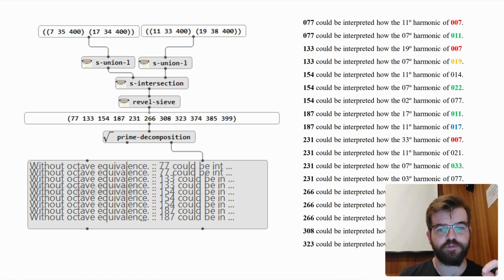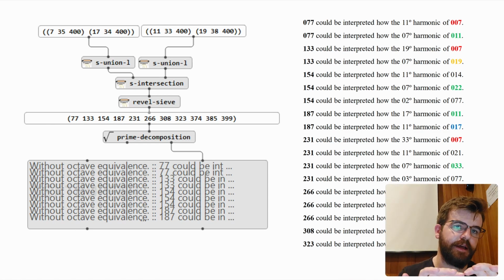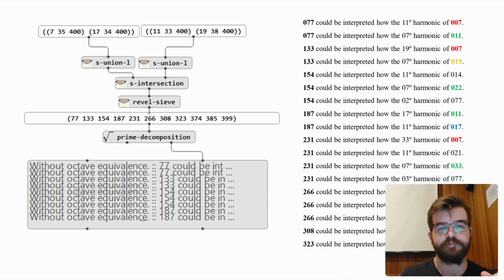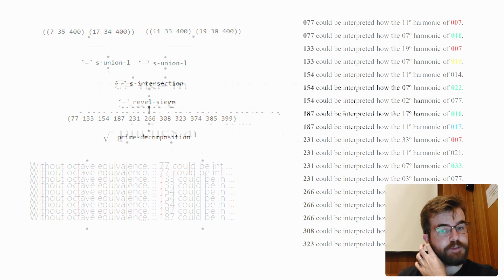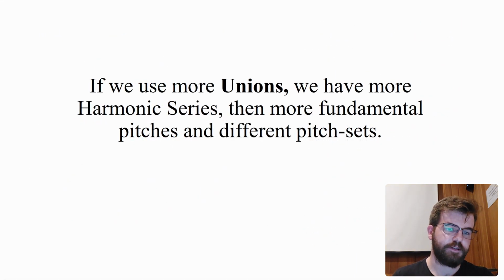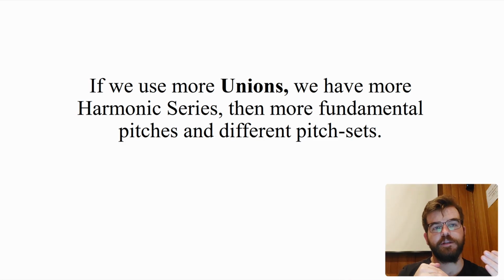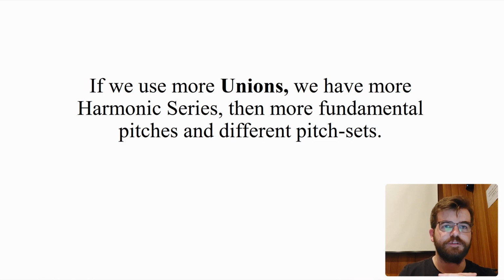But we can use, for example, 133 to go to another pitch set that has a fundamental pitch on 19. Of course, this is a simple sieve used for didactic purposes, but I think it's possible to understand this kind of structure that will maybe help us to modulate between different harmonic series fundamental pitches.